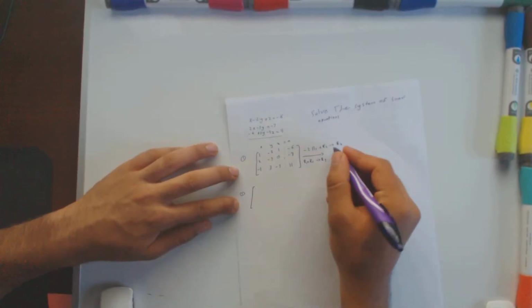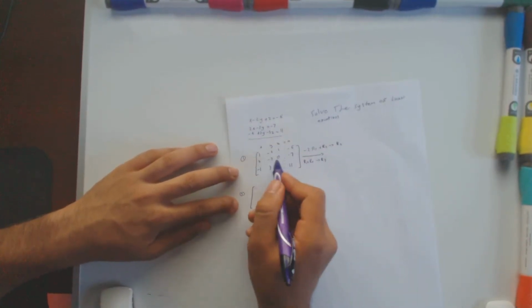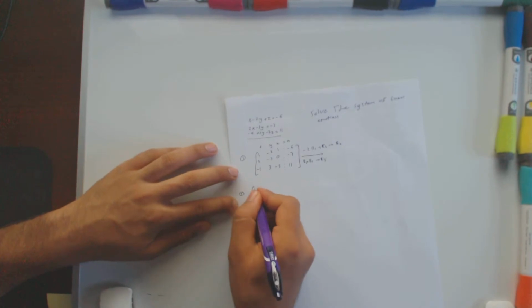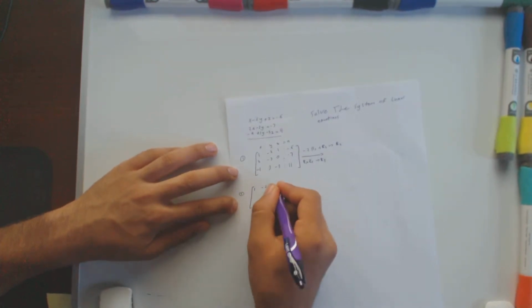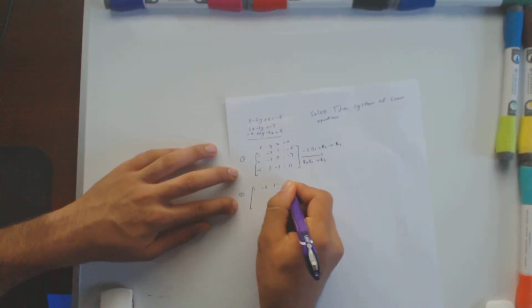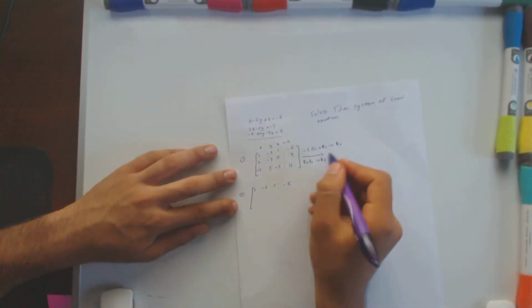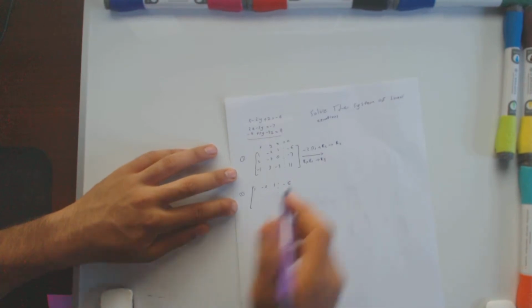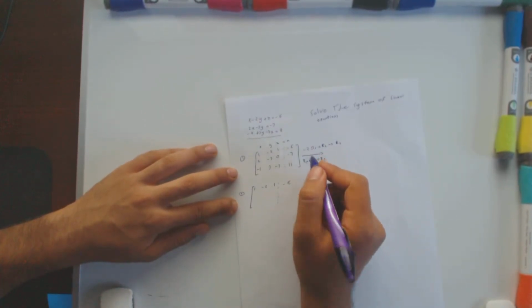Because we are not doing anything with the first row, just write it as it is, which is 1, -2, 1, -6. Now we do the multiplication for the second row.